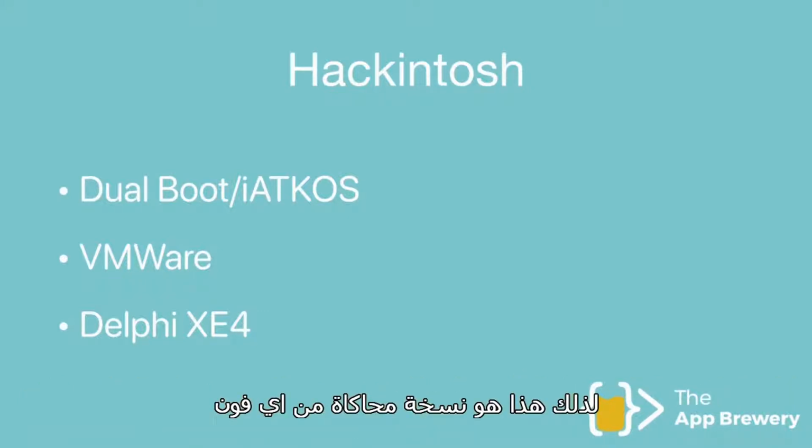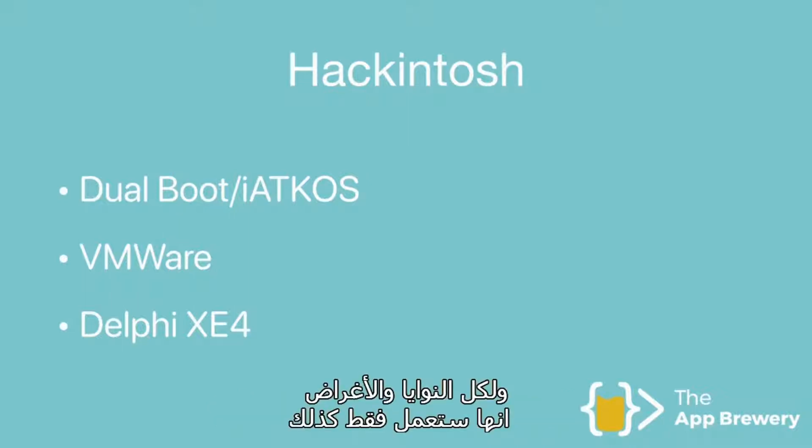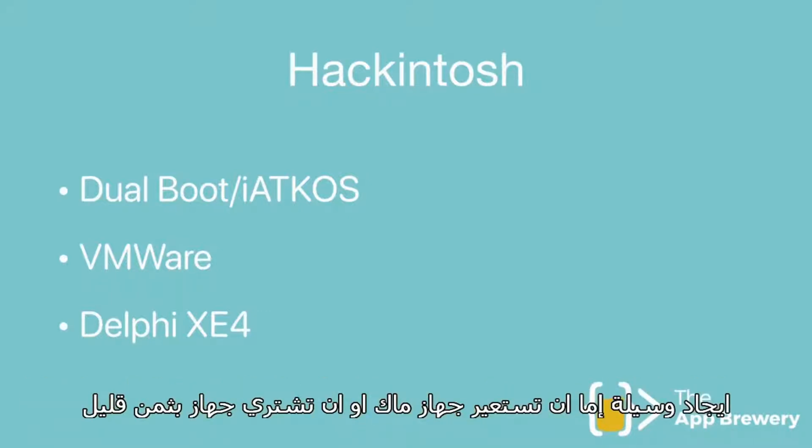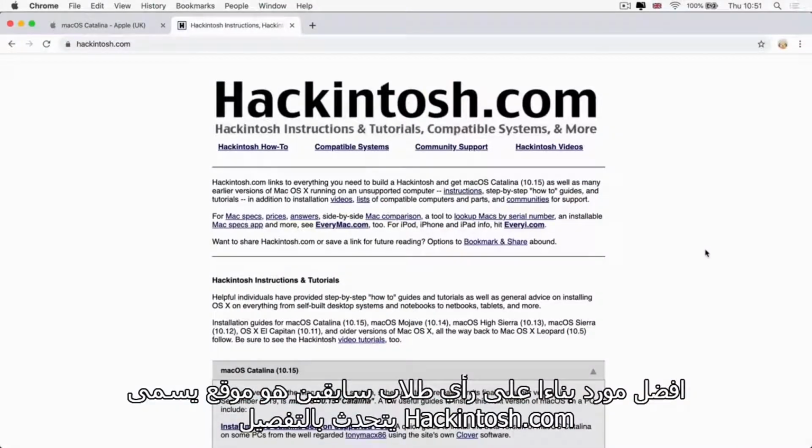So this is a simulated version of an iPhone, and for all intents and purposes, it will work just as well. It's just, say, if you're really excited about having your app on your iPhone, then you really need to find a way of either borrowing somebody's Mac or getting one cheaply. The best resource, according to past students, is a website called hackintosh.com.